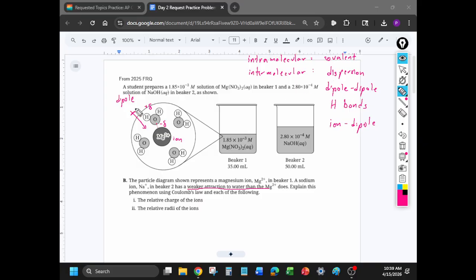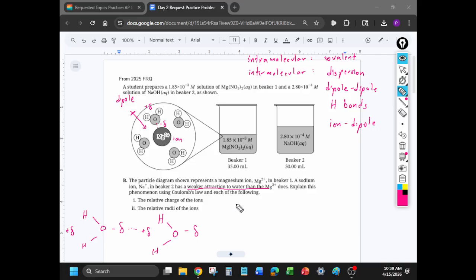Dipole is between two polar molecules, so like water. We talked about how the hydrogen side is partially positive, and the oxygen side is partially negative. Well, if you got another water molecule next to it, the partial positive is going to interact with the partial negative, and so on and so forth. That's dipole. Hydrogen bonding is pretty much a really strong dipole.